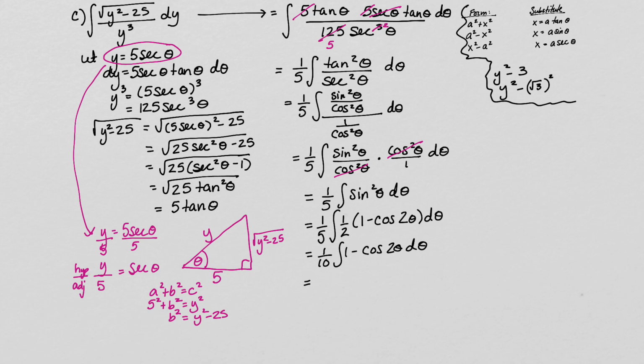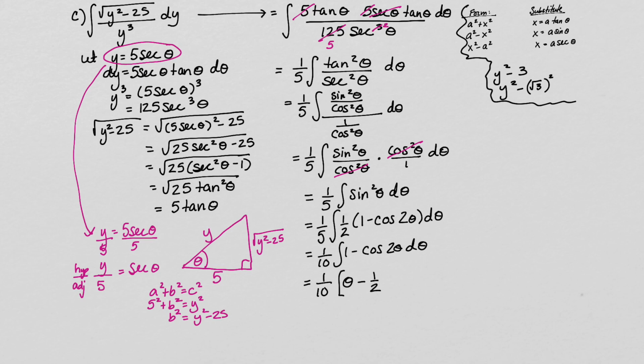And now I can actually integrate that, so I end up with 1/10 times, what's the integral of 1? Yeah, the integral of 1 is theta, because the variable I'm integrating with respect to right now is theta. So it's going to be theta minus, to integrate cosine of 2 theta, you could either do a U substitution or you could use my trick.